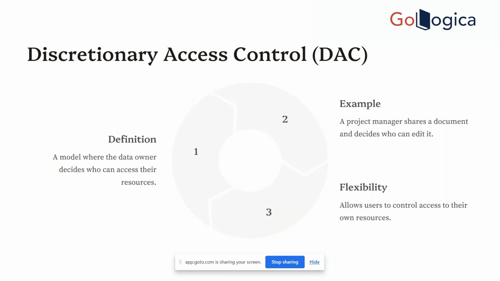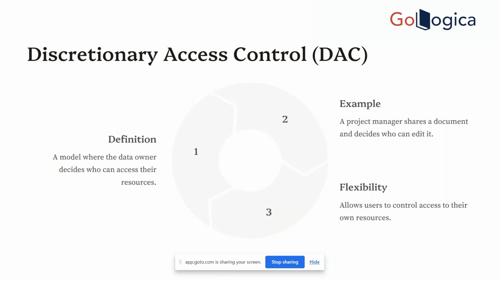That we call DAC. For example, a project manager shares a document and decides who can edit it. He is not going to give that permission to all his resources, because if everyone edits that document, a lot of ambiguities come into the picture. That is how we call it DAC.